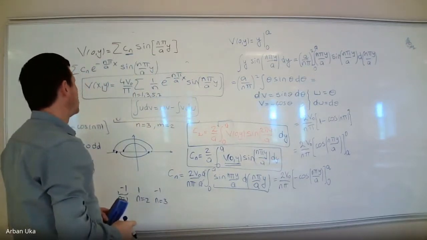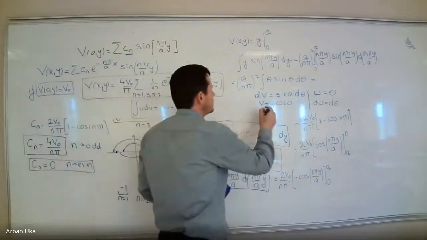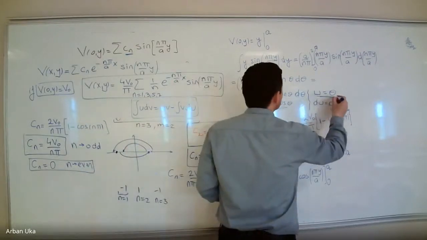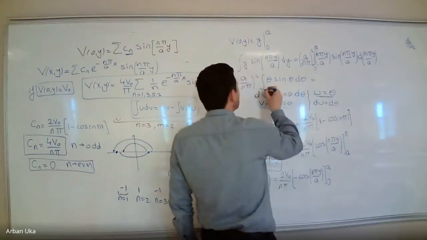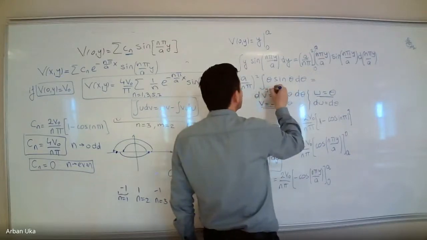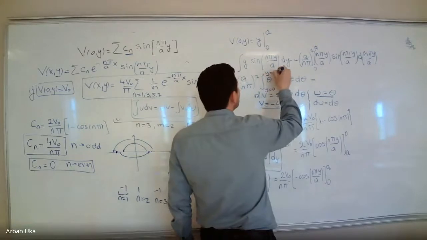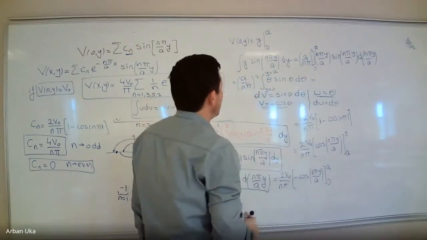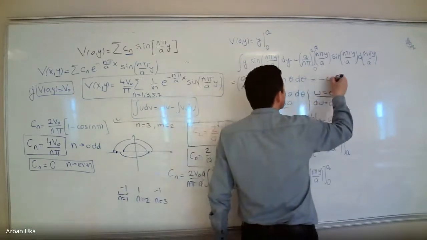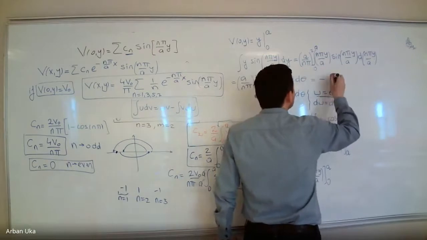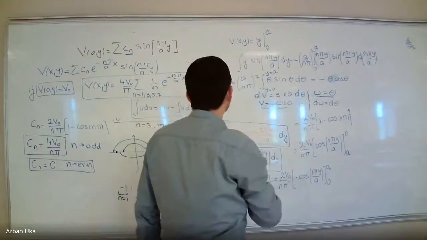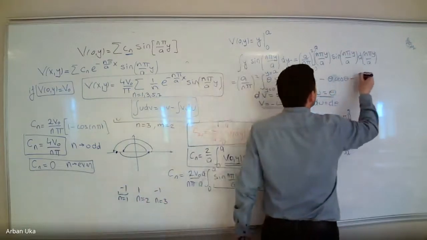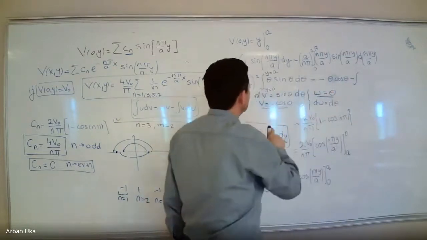This will be equal to uv, which is right here and here. And let's not forget the integral is from y equal to 0 to y equal to a. This is uv, which is minus theta cosine theta, minus the integral of v du.